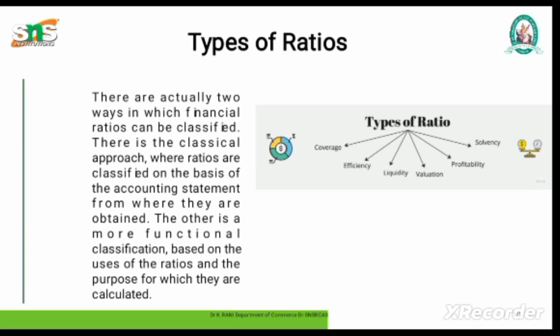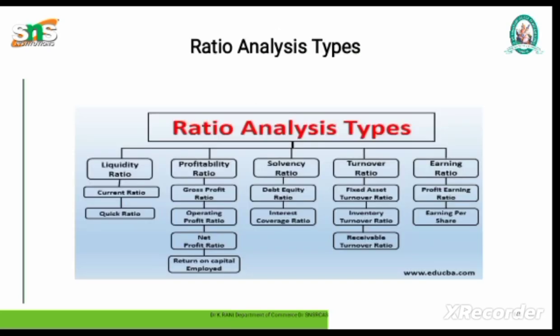Traditional classification has three types of ratio, namely: profit and loss ratio, balance sheet ratio, composition ratio. Profit and loss ratio: when both figures are derived from the statement of profit and loss account, we call it a profit and loss ratio.